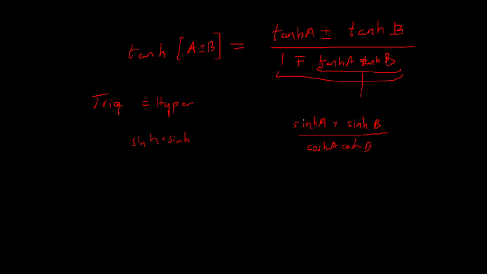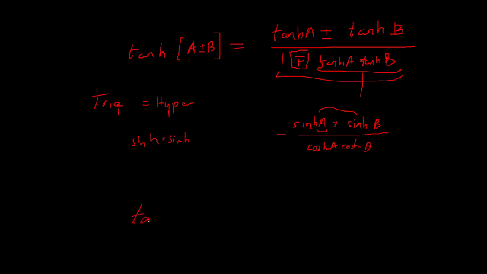You can see over here we're multiplying two sinh functions, even though the values a and b are different. We're multiplying two sinh functions, therefore we're going to have a minus instead. So this minus or plus actually turns into plus or minus over here.